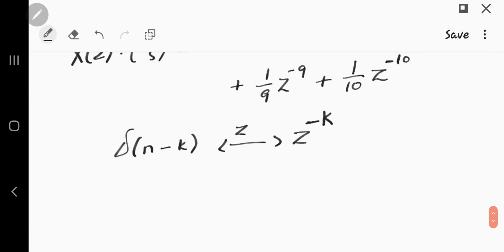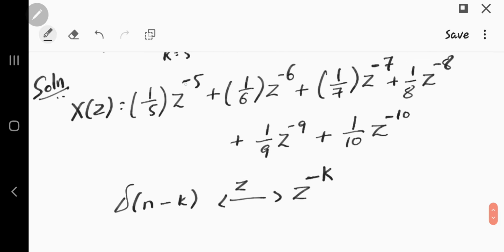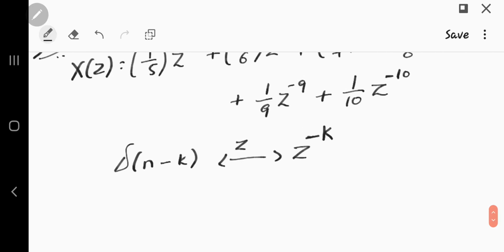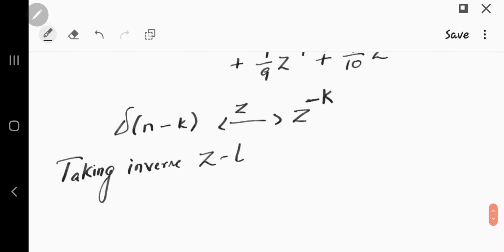Based on that, if you observe, we have z to the power of minus 5, and whatever coefficient you have, you can compare and iterate the coefficients here, but we have to find the inverse z transform here for x of z. So based on that, you can write it by taking the inverse z transform.